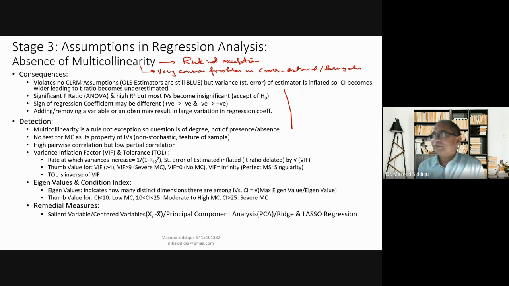Suppose, let us take some other example, some medical example. We want to know about the level of COVID infection. Suppose we consider only one variable x1 here. Suppose this x1 is fever, right?